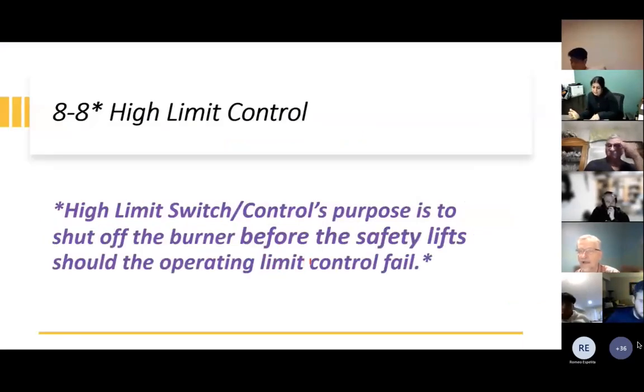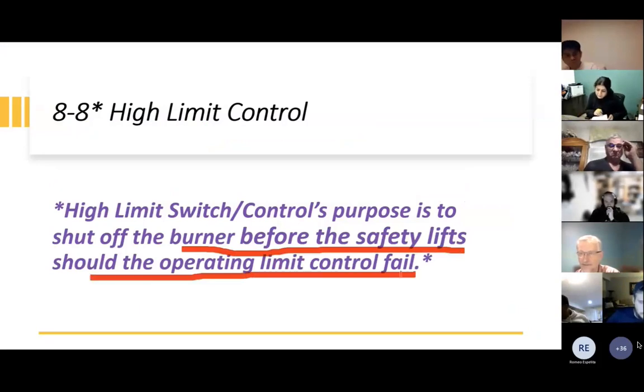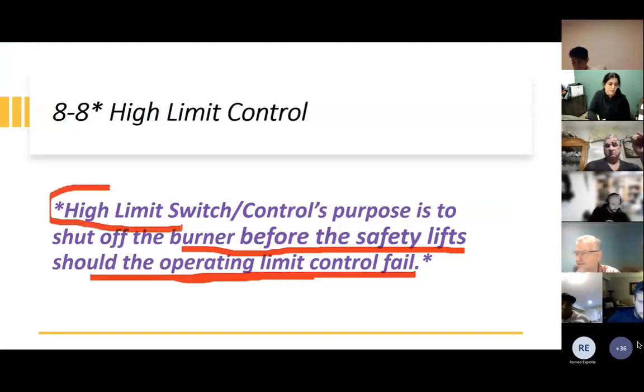Okay. High limit switch or control's purpose is to shut the burner before the safety lifts, should the operating limit control fail. So operating limit control is the one that's operating to the limit that we set. High limit control is set above that.